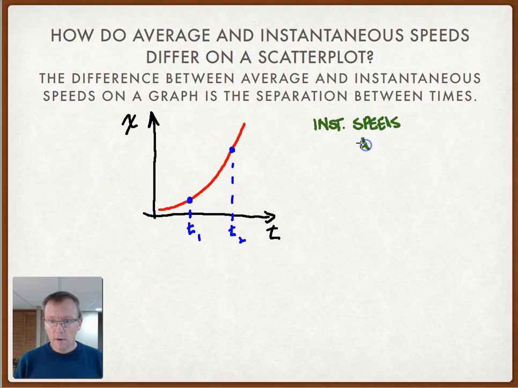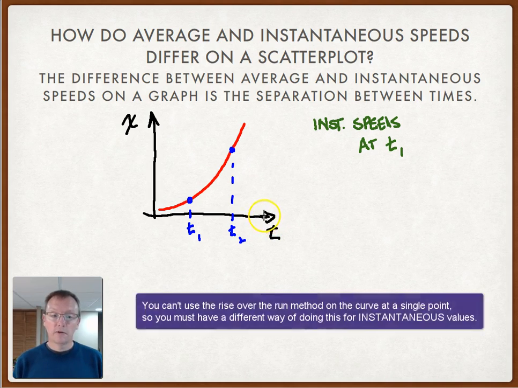At t sub 1, how would I figure that out? Well, I want you to think about this for a second. Before, we said if you have a position versus time graph, it's the slope of the line that's going to tell you what the speed is.